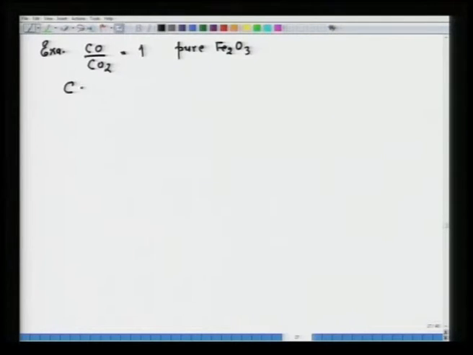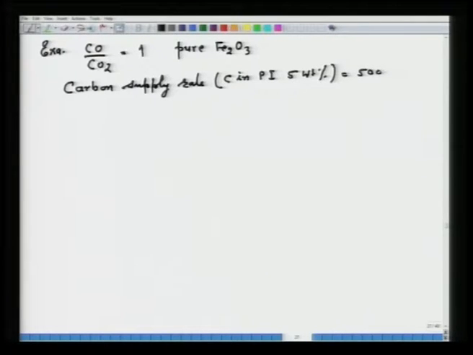Say the carbon supply rate, which includes carbon in pig iron equal to 5.8%, that is carbon for combustion and carbon for pig iron, is 500 kg per ton of product iron.